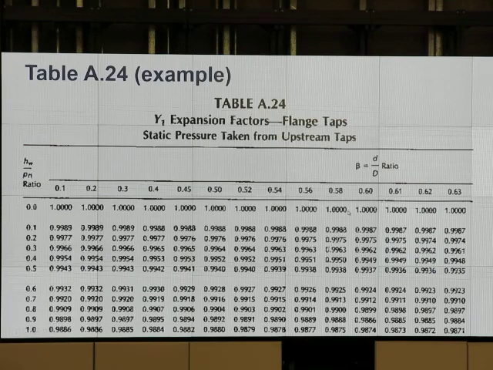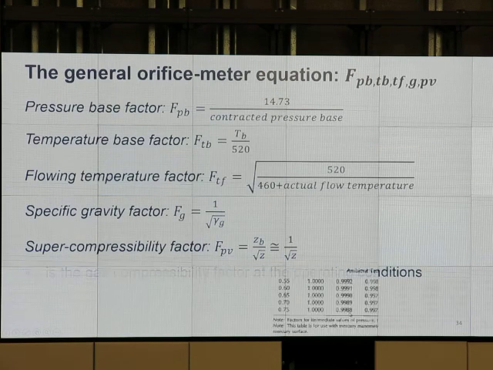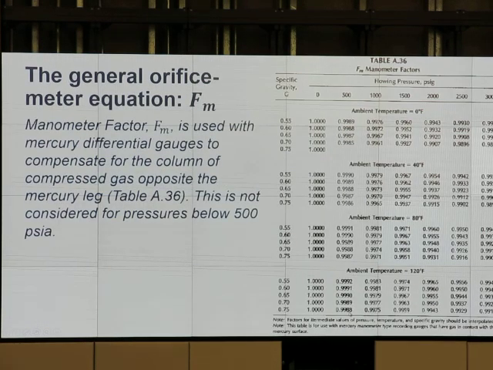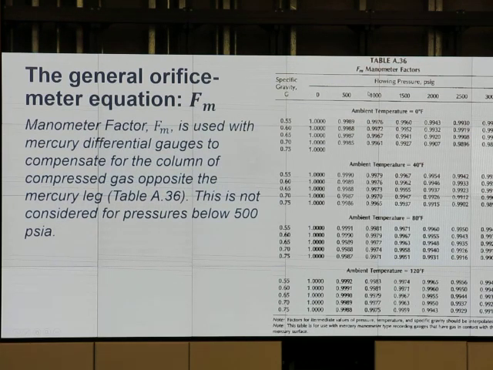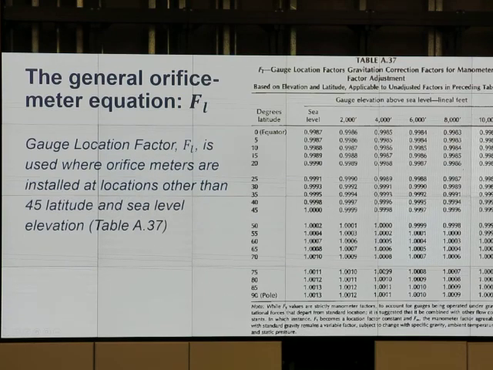But look at this. The Y value doesn't change much. It's 1 or something about 1, like 0.98888. And the expansion factor is about 1. It doesn't change much. And the manometer factor is 1 or something close to 1. For different temperature, it doesn't change much.